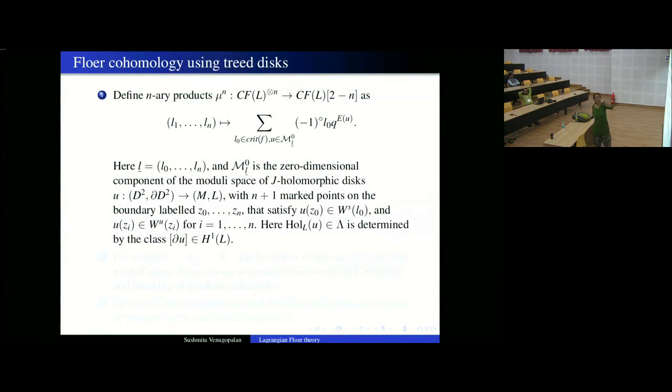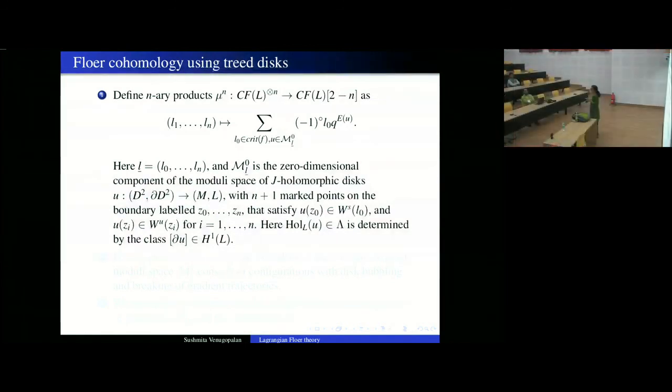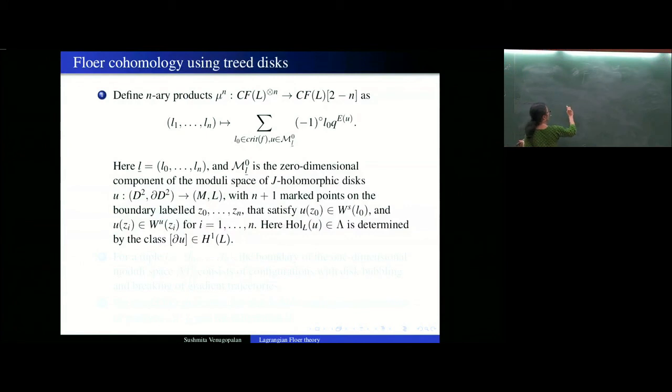The way I define the product now is, when we take the product of two inputs, we can do the exact same thing for the product of n inputs also.